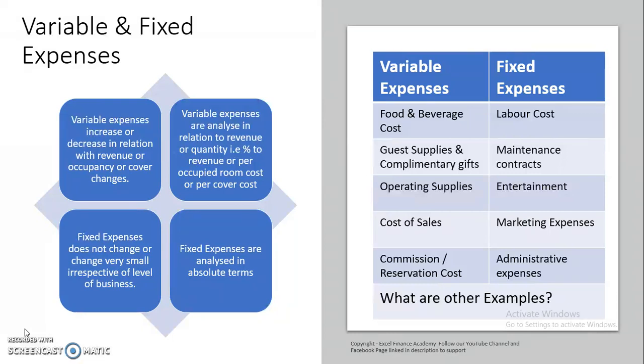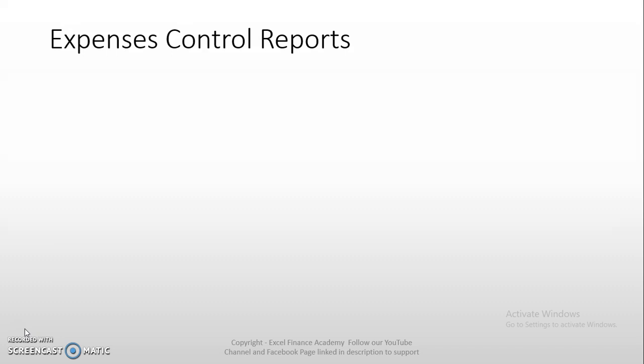The fixed expenses include labor cost, maintenance, entertainment, marketing expenses, and administrative expenses, which are mostly fixed. They may have some variable component, but not a lot. So what are the other examples? We may discuss that in the comment box, or you can discuss in person now, so that we can understand.